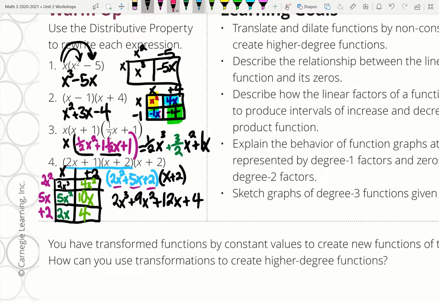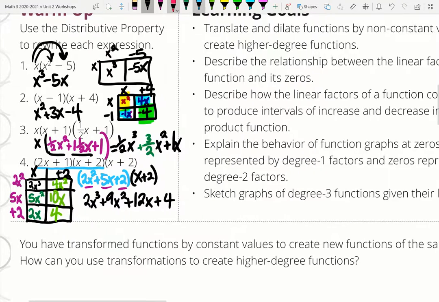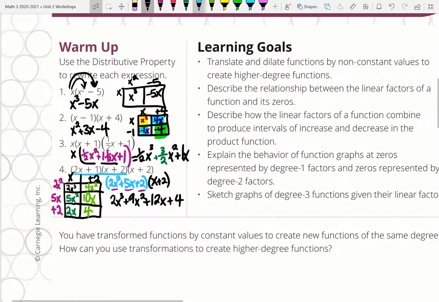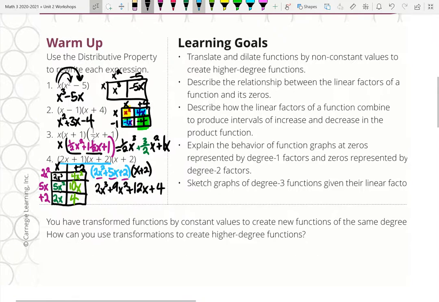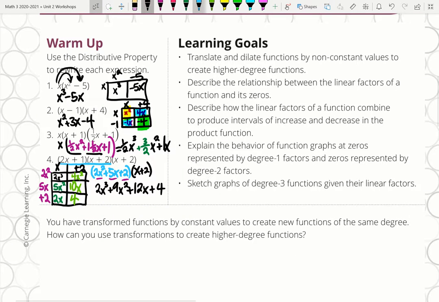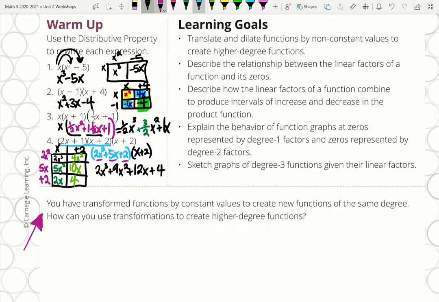So, you have transformed functions by constant values to create new functions of the same degree. How can you use transformations to create higher degree functions? This is going to be the question to answer at the end. Go back, test your understanding when you are done, and answer this to the best of your ability. So, let's get to the getting started.